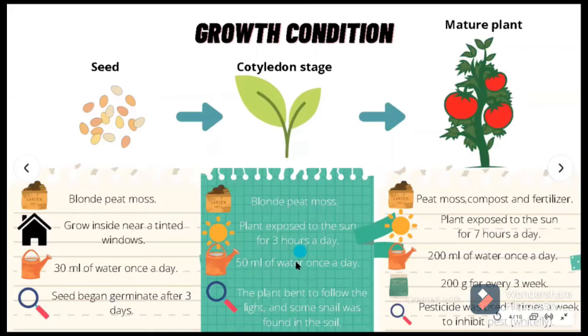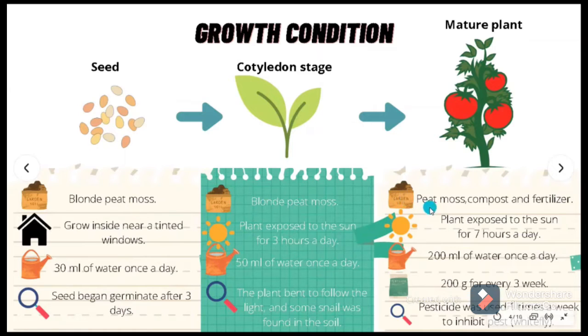Based on my observation, during the seed phase, it was grown near a tinted window and began to germinate after 3 days. At the cotyledon stage, the plant was exposed to the sun for 3 hours a day, and it was observed that the plant bent to follow the light, and some snails were found in the soil.